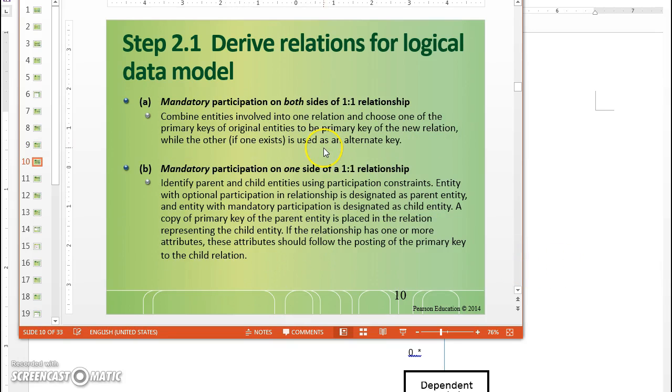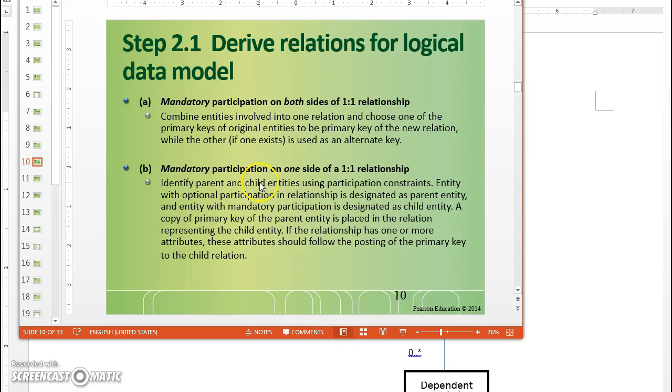If both sides are mandatory, then combine the entities into one relation, and that will solve the problem. Then choose one of the primary keys of the original entities to be the primary key.